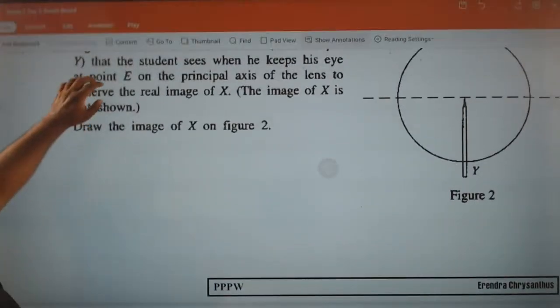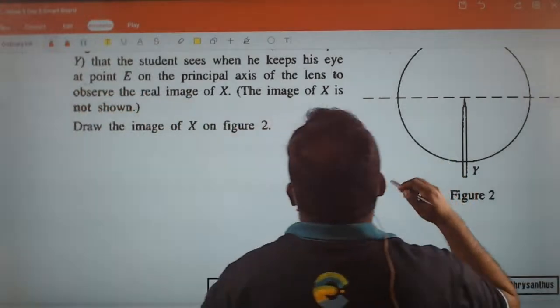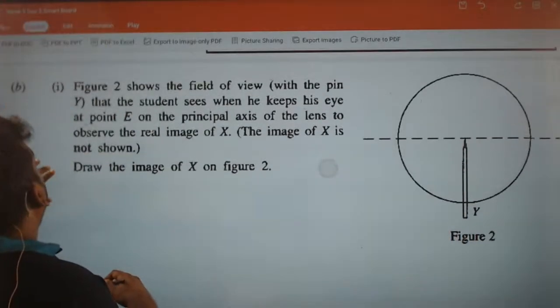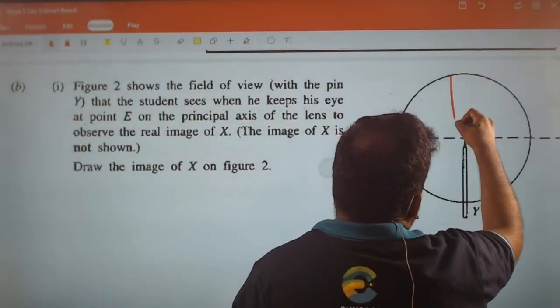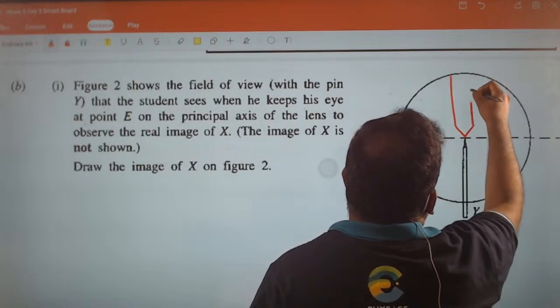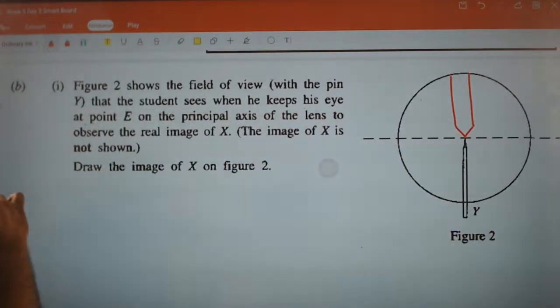So I'll move it a bit down to draw the real inverted magnified image. Draw the image of X in figure 2. Right. Then what?